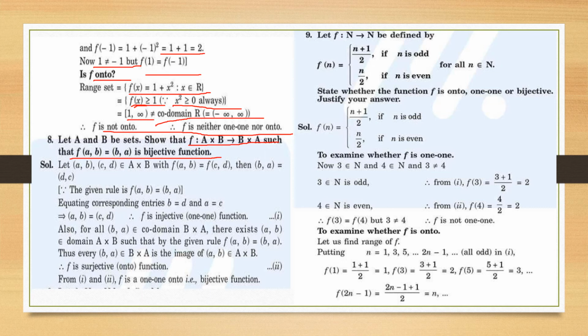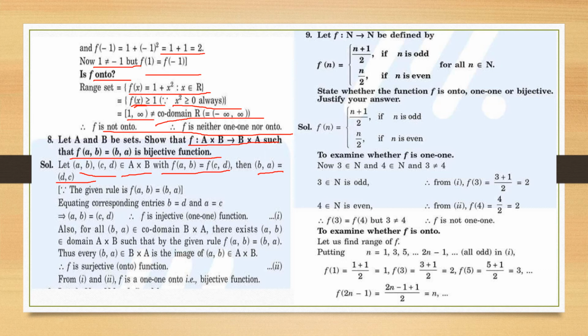Now you have to suppose two different ordered pairs (a, b), (c, d) belonging to A × B, with f(a, b) = f(c, d). Then (b, a) is equal to (d, c), because this rule is there.